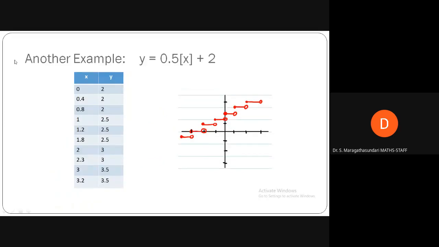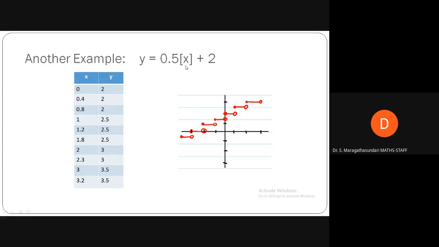Another example, y is equal to 0.5 into x plus 2. If you substitute x is equal to 0, my answer is y is equal to 2. And x is 0.4, so 0.5 into 0.4 plus 2, my greatest integer is equal to 2.